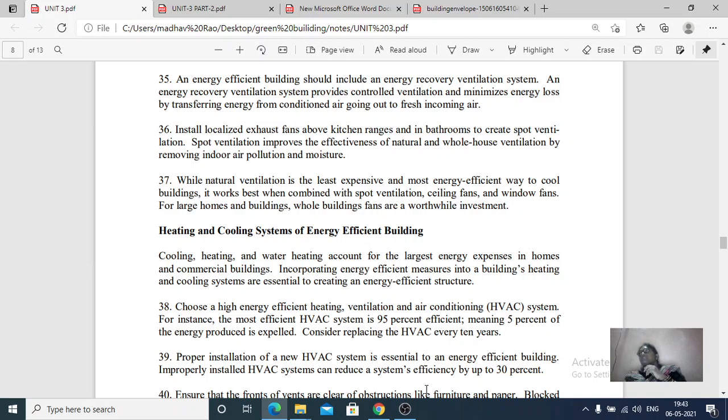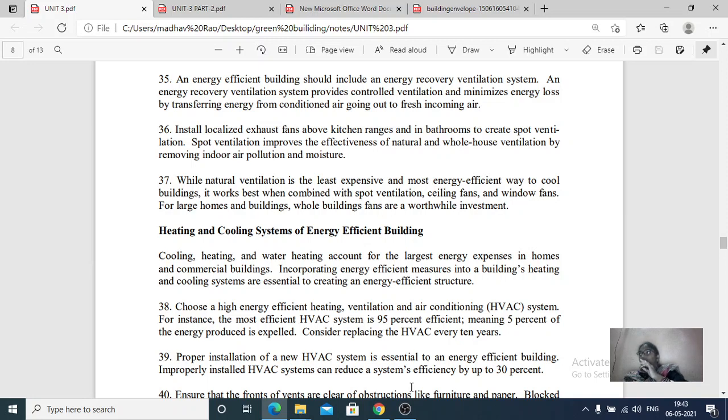For green buildings, we are using natural sources and consuming less energy. So for consuming less energy, we have to use natural sources. Automatically, whatever walls and roofs we construct should be thermally insulated.